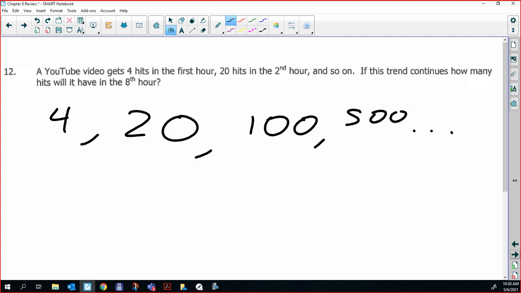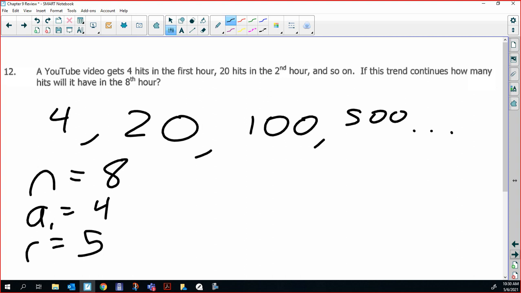So you could keep doing this until you get to the 8th hour, or it is geometric, so n, a1, r. n is 8, a1 is 4, r, we said, was multiplied by 5. So to get the 8th term, a1 times r to the n minus 1.